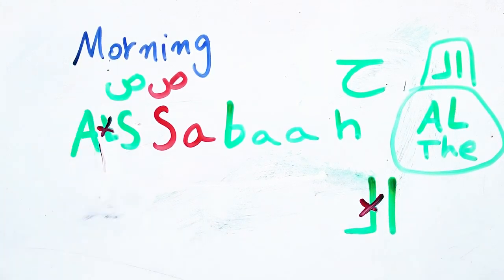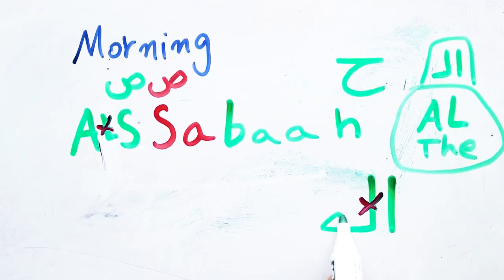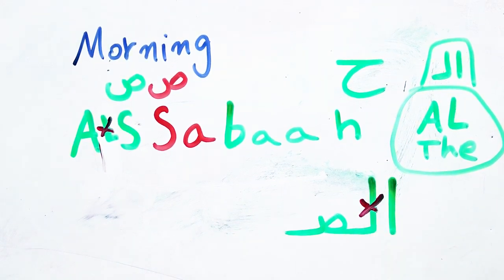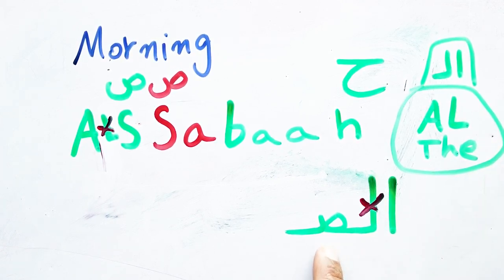And then let's add sad. So why do I drop it? When you add al, which means the, to any word that starts with sad, we don't pronounce the lam. It is easier to say as than al.